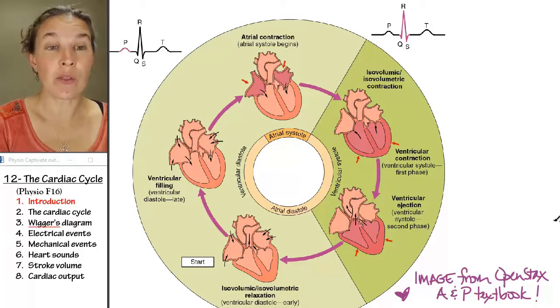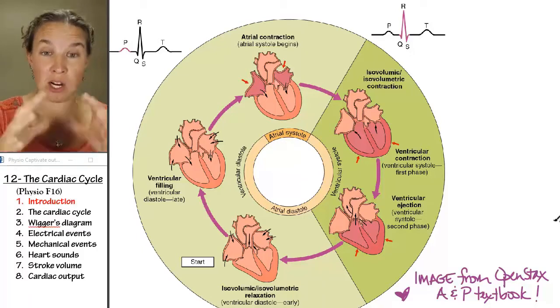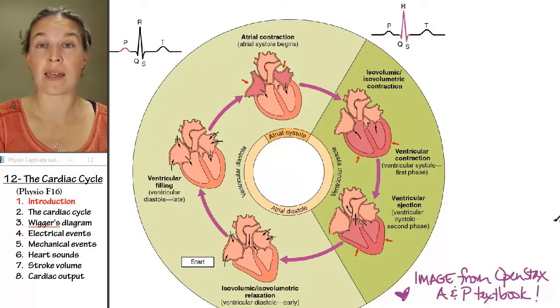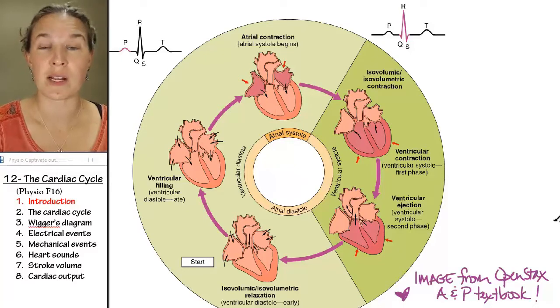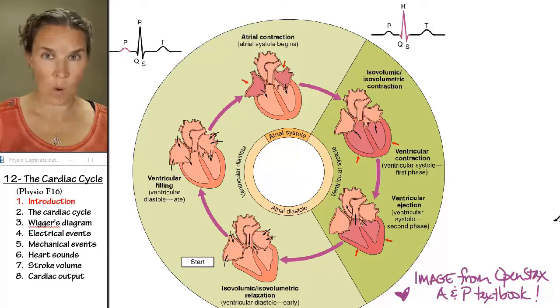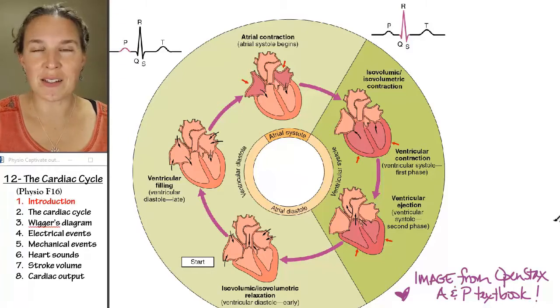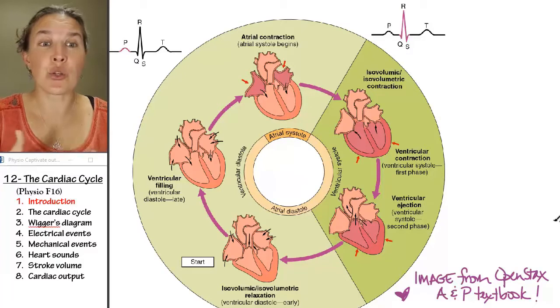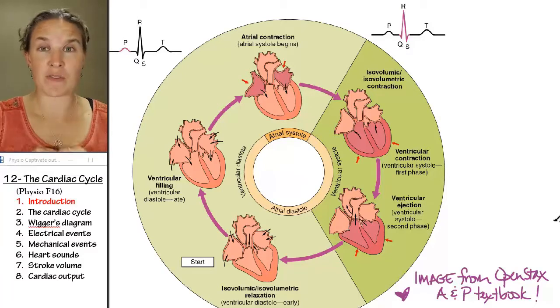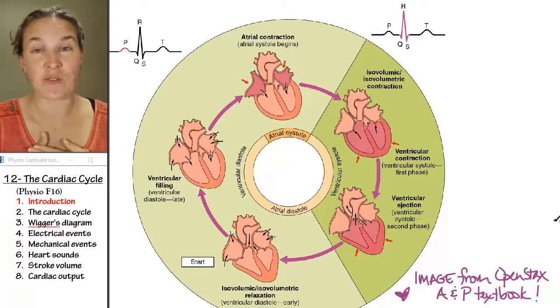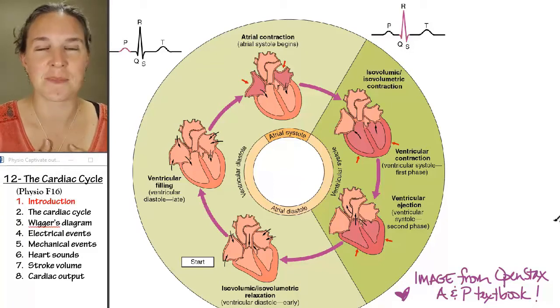So we're going to start out by looking at the cardiac cycle as a whole and what qualities we look at when we talk about the cardiac cycle, which is basically one heartbeat, all the events that take place in one heartbeat. We're going to link all those little processes, all those little mechanisms, to big heartbeat function that you can hear, that you can feel, and that we can appreciate never, ever stops.